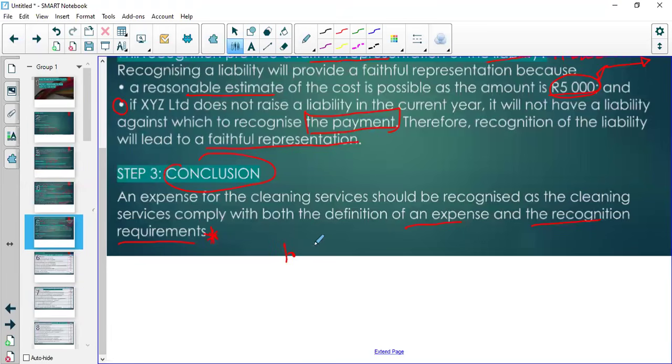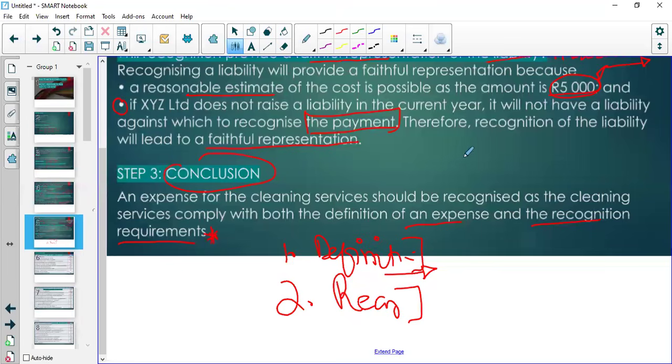Sometimes they will ask you whether it meets the definition. So you must stop there on the definition, whether this is an asset or not. Sometimes they ask you whether it should be recognized, which means we have to look at the definition as well as the recognition criteria. So we need to pay attention to the required.